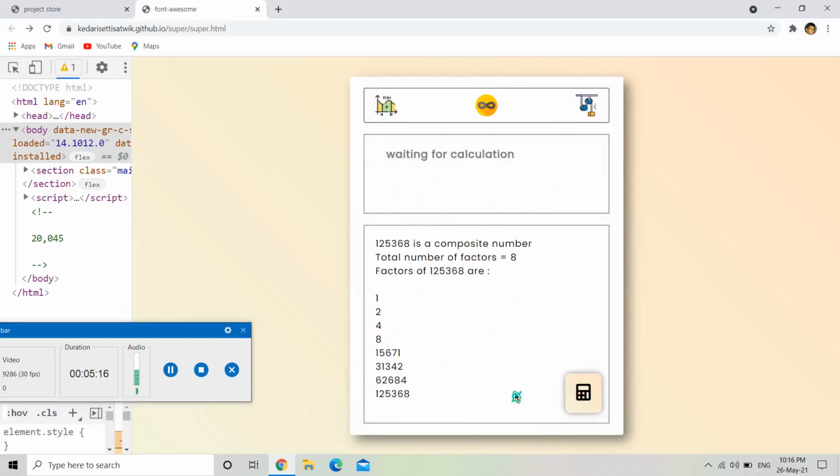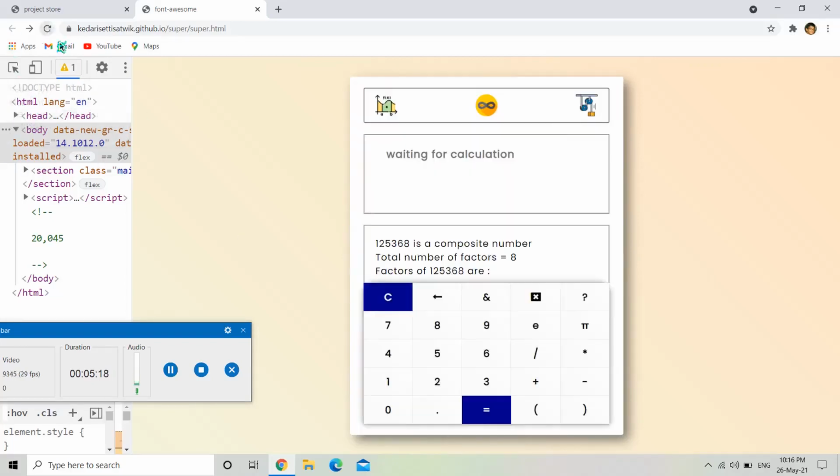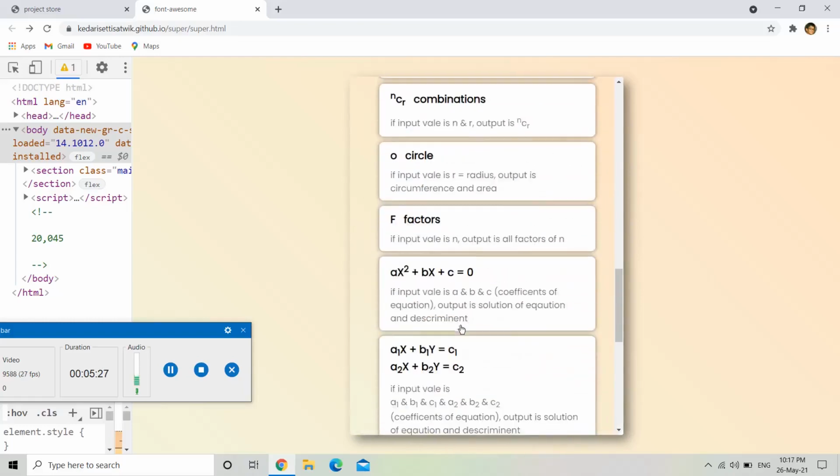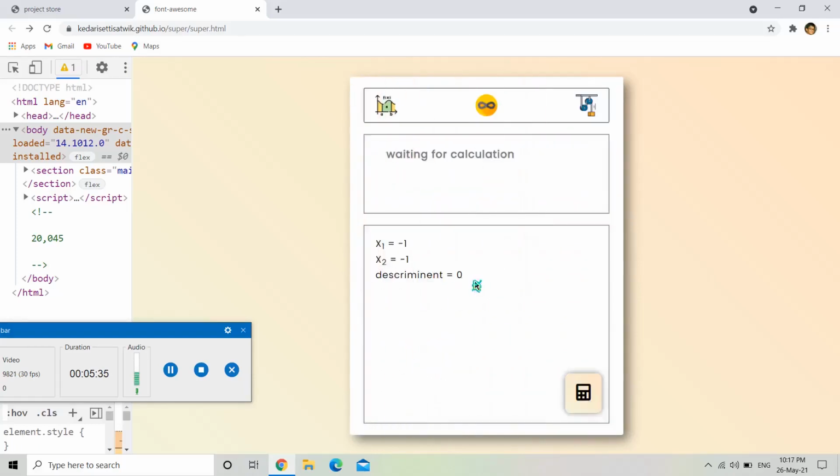If I have a quadratic equation with coefficients 1, 2 and 1 and click on this, it will solve the equation by taking A as 1, B as 2 and C as 1. It will give me the answer, x1 equals, x2 equals, and the discriminant.